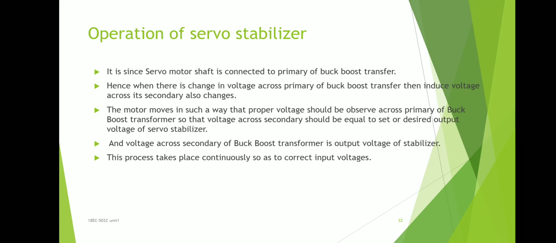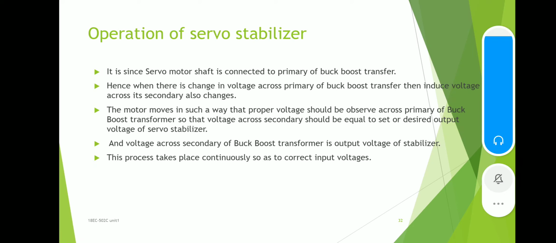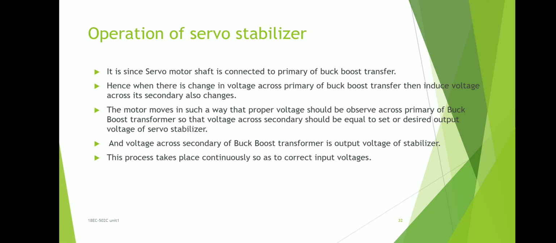The control circuitry always senses the output, compares the desired value with the received value, and sends a signal to the servo motor to move either clockwise or anti-clockwise, that means to decrease or increase the windings.